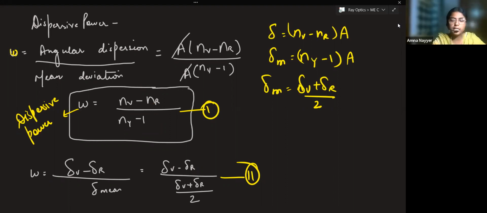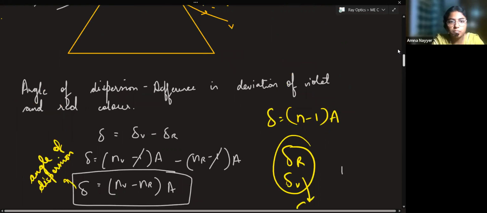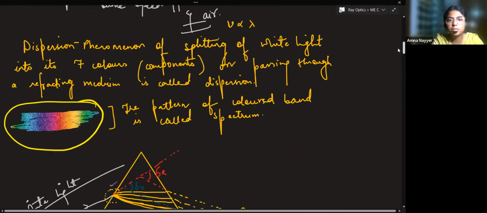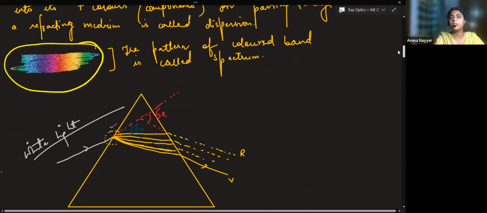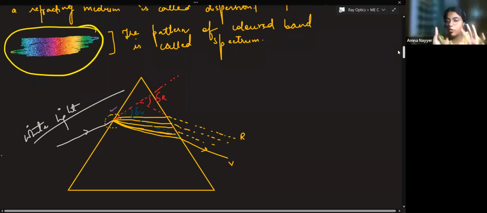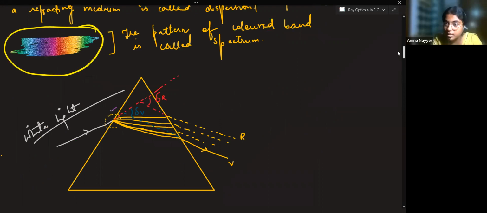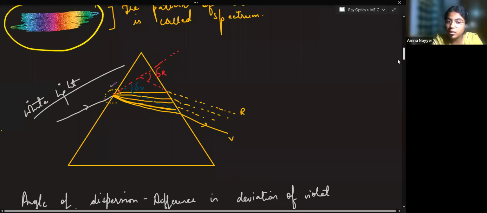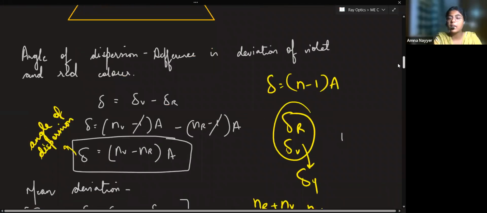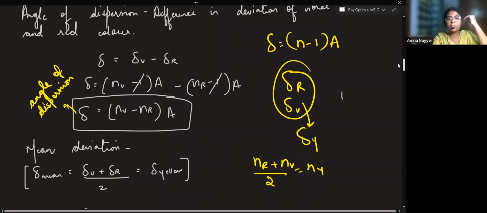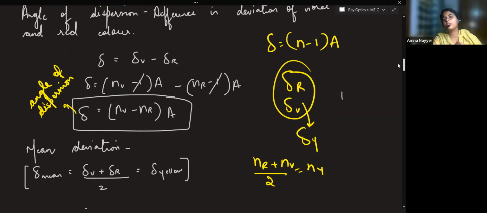Clear? I'm repeating all these points once because this wasn't done. Dispersion was the splitting of white light. The pattern of color that we obtain is known as spectrum. Within the prism, all these colors get dispersed, so you are able to observe all the colors carefully. Deviation of red color will be there, deviation of violet color will be there, and there will be an angle of deviation of violet as well as of red color.